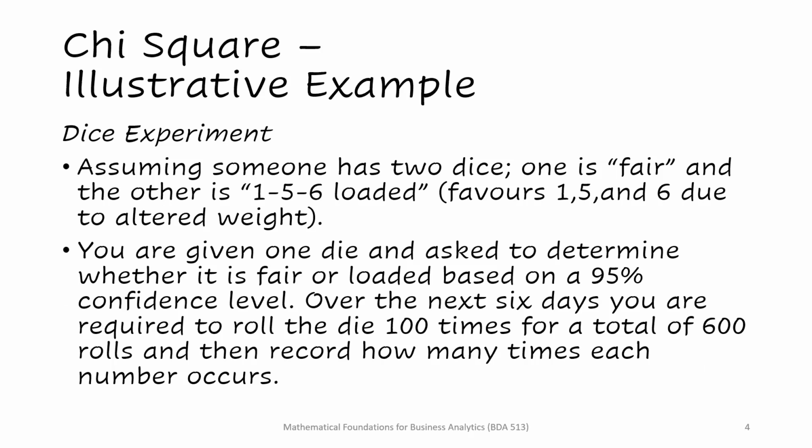Assuming someone has two dice. One is a fair die and one is a loaded die. A die has six sides, isn't it? It is said, especially for those who gamble, they go to the casino, that the dice they normally use in the casinos are not fair, they are loaded for a particular side to show.